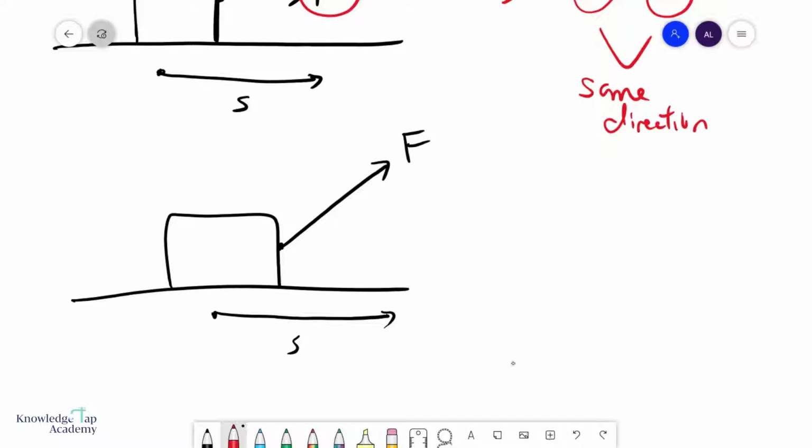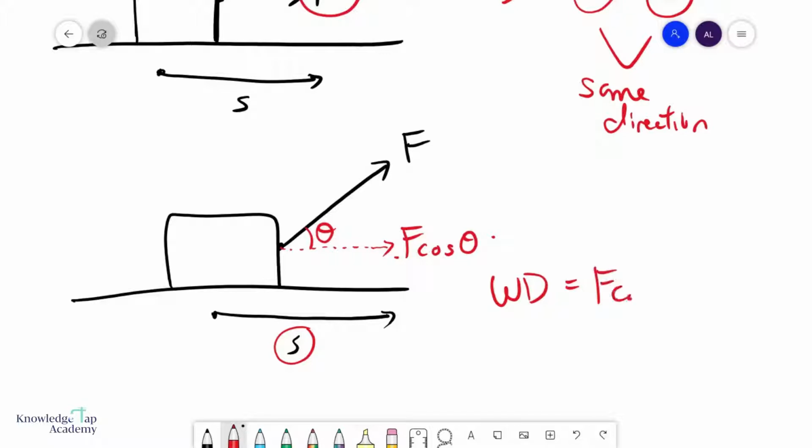And so we have to find the component of the force which is in the same direction as this distance or displacement that this block is going to travel. And so if we know this angle over here, then this component will be F cosine theta. And we can say that the work done is therefore F cosine theta times the displacement S.